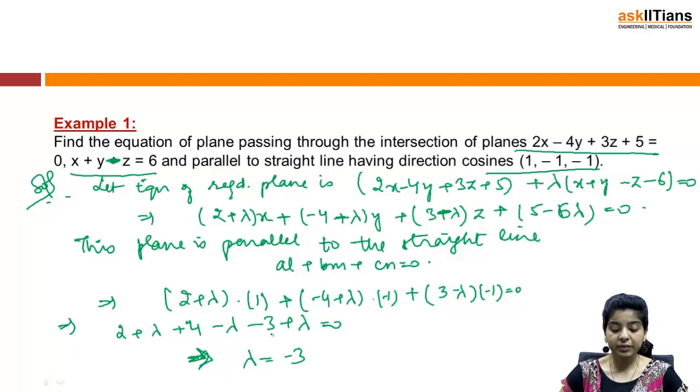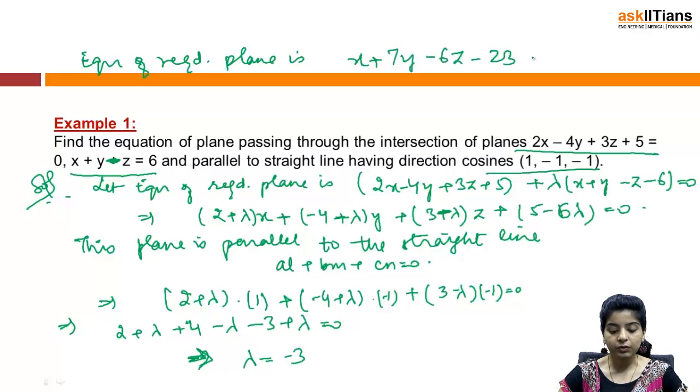Now lambda is minus 3, that means the equation of the required plane is x plus 7y minus 6z minus 23 equal to 0. We have just substituted the value of lambda as minus 3 in this equation and you get the required equation of the plane.